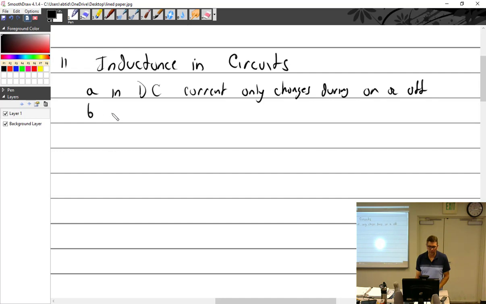So in a purely resistive circuit, what does purely resistive mean? Only loads are resistors. That applies to AC or DC. It means there's no coils, no inductors, no capacitors, just resistors.